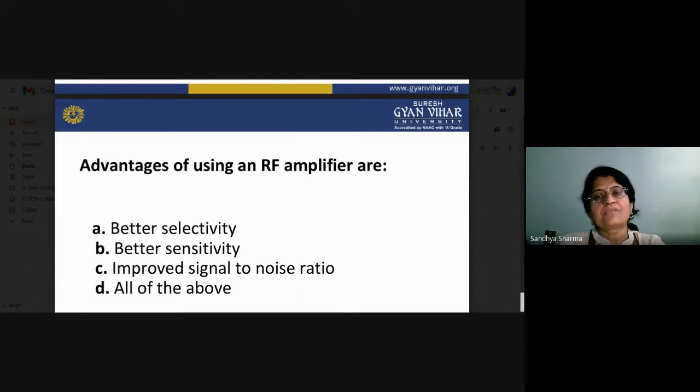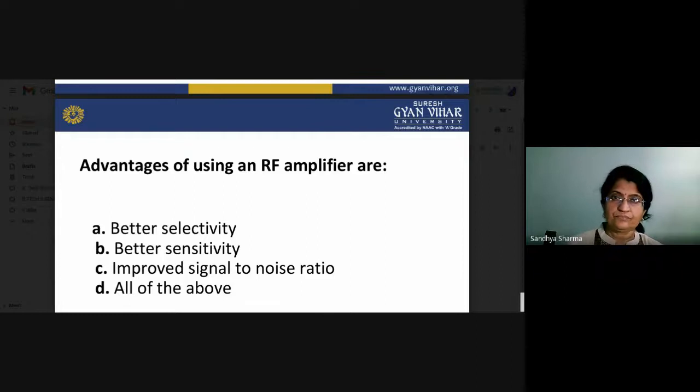Before passing our signals to the IF amplifier, we put in the RF amplifier, and it provides better selectivity, meaning it will remove the image of our signals. If there is any image, it can be removed by the RF amplifier, and in this way we achieve image rejection. That is the basic process in which we are working.